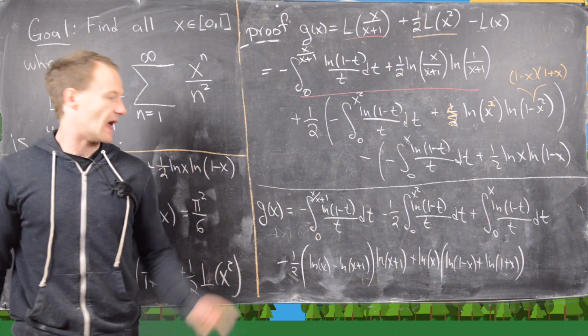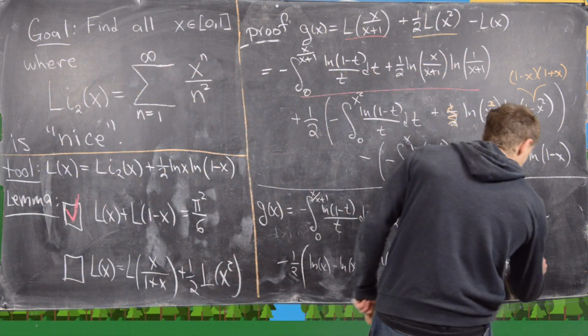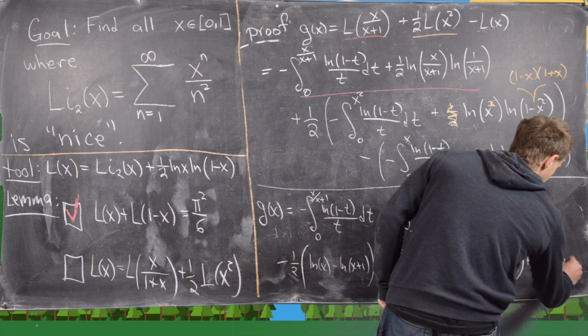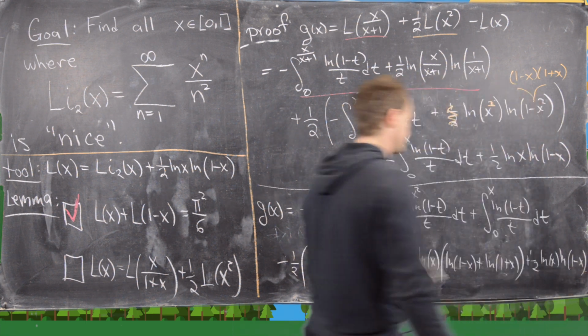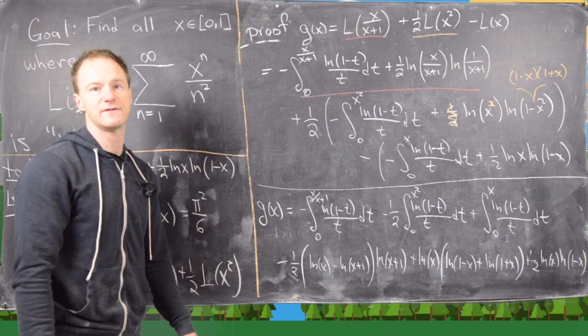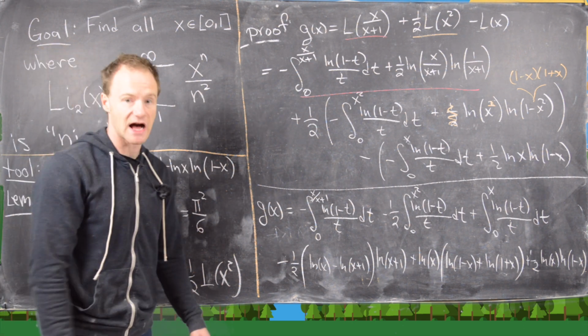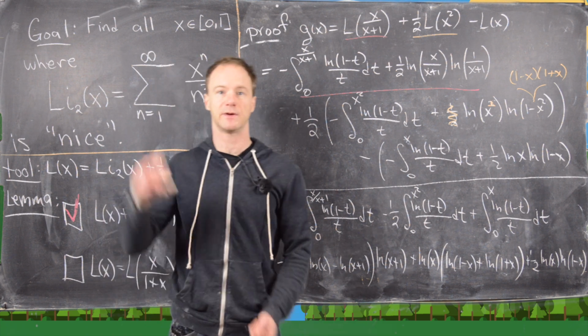Good. And then finally I have this last term, which is plus half natural log of x, natural log of 1 minus x. Okay, so that's my function g of x. So I'll take that function, I'll move it to the top, and then we'll get on to the next step.